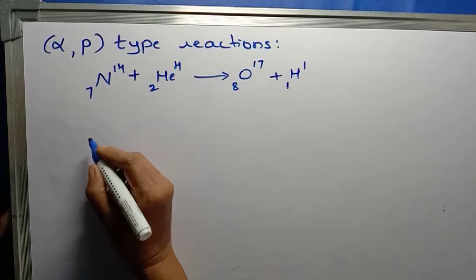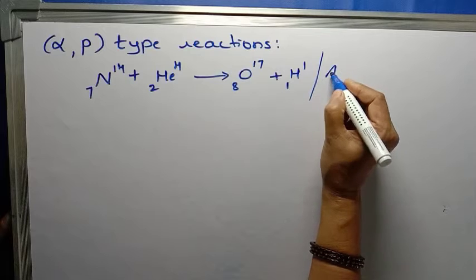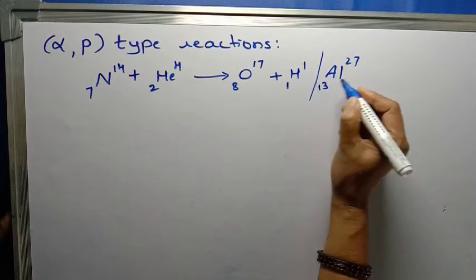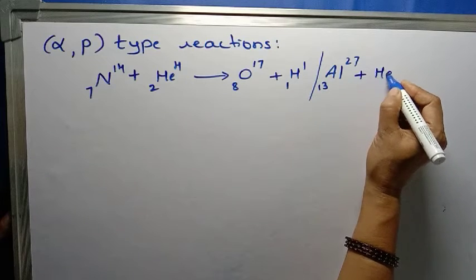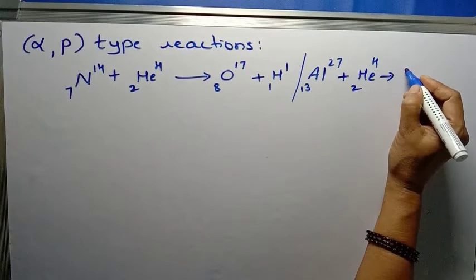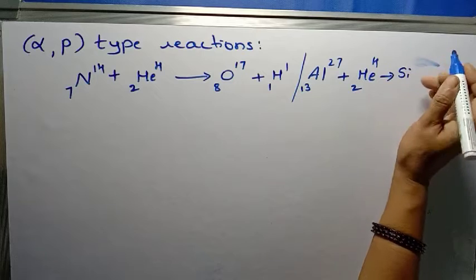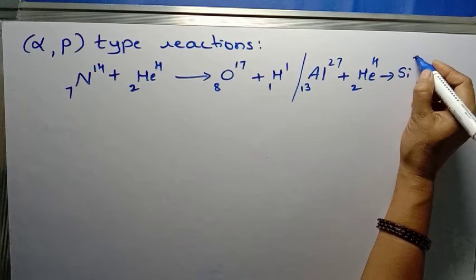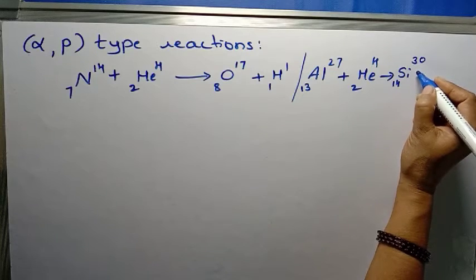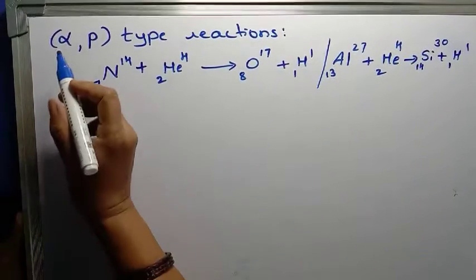Similarly one more example we can give, aluminium 13, and it is made to react with helium particle, and it produces silicon. So these are the two examples for this one.